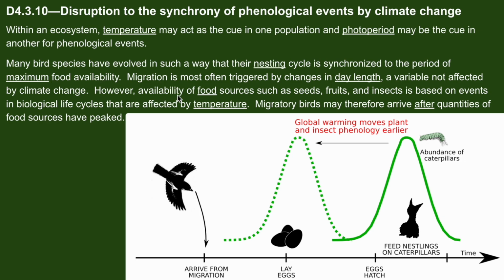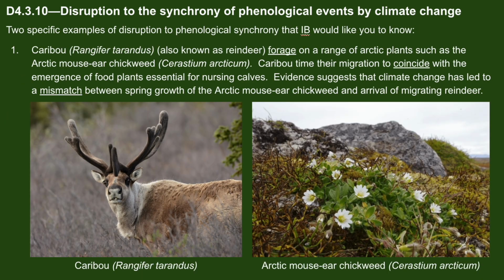Migration is most often triggered by changes in day length, which is not affected by climate change, right? The planet is still spinning at the same speed. But availability of food sources can be based on temperature. And so migratory birds could arrive after quantities of food sources have peaked and then they have nothing to eat.